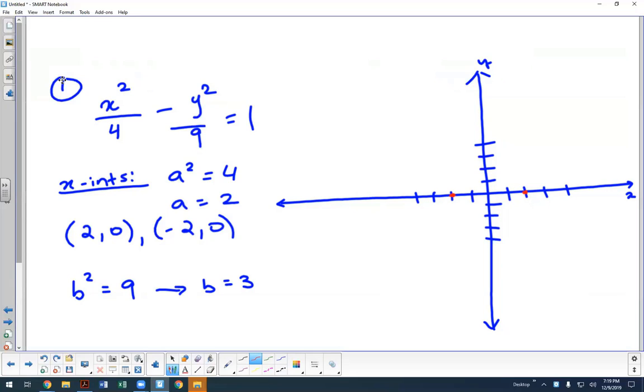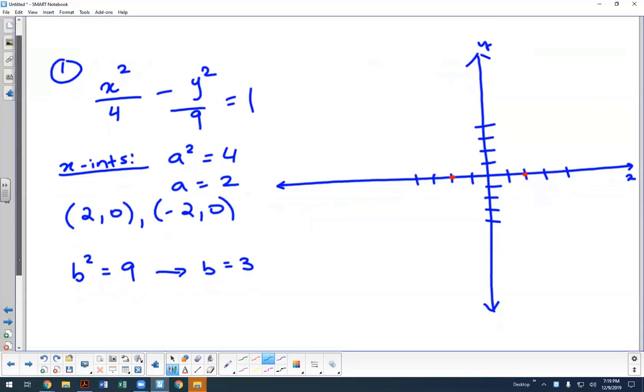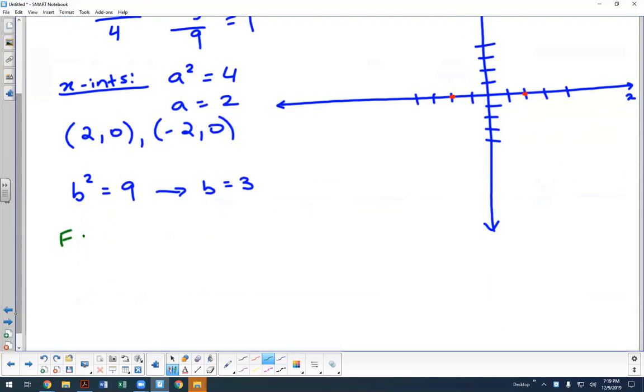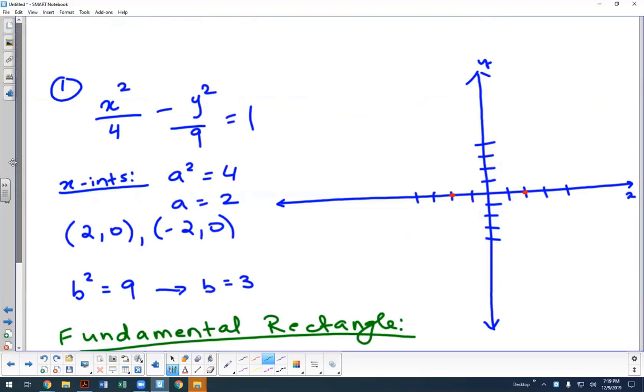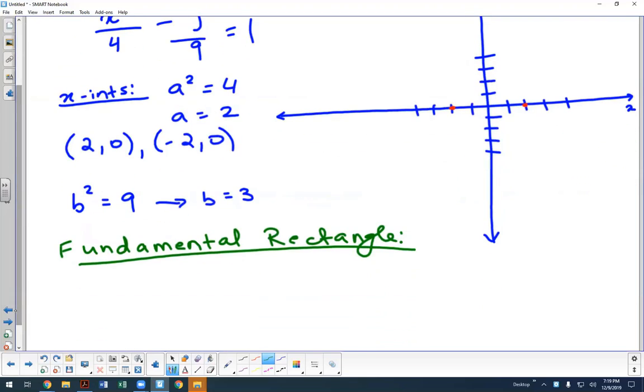Okay, for the fundamental rectangle, the 4 vertices or the 4 corners of our rectangle are actually going to be these a and b values. So since this is a hyperbola that opens left and right, the a's are my x values, the b's are my y values.